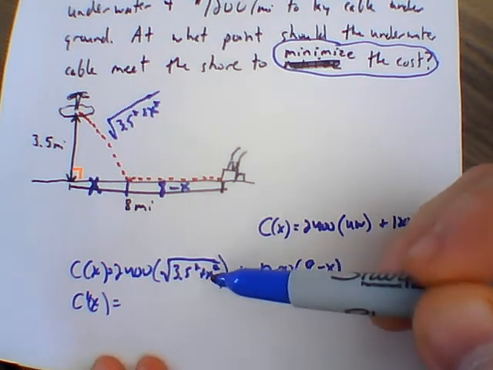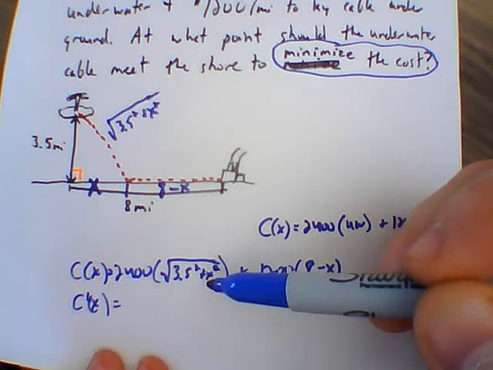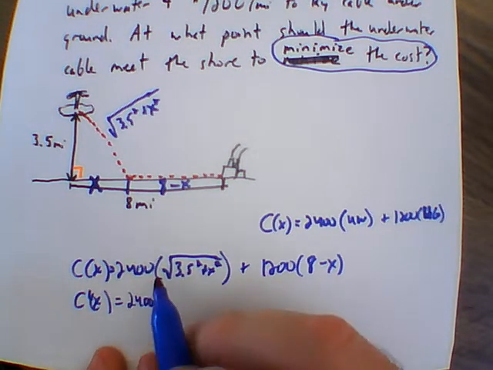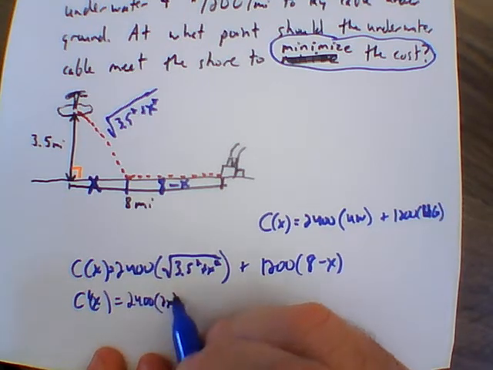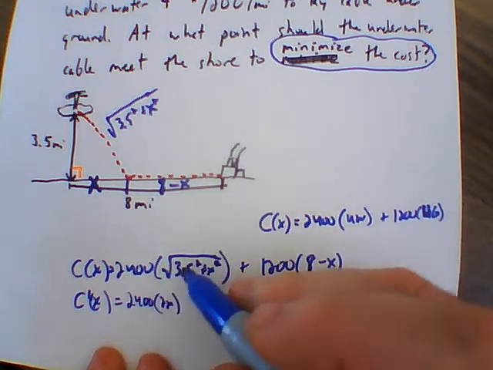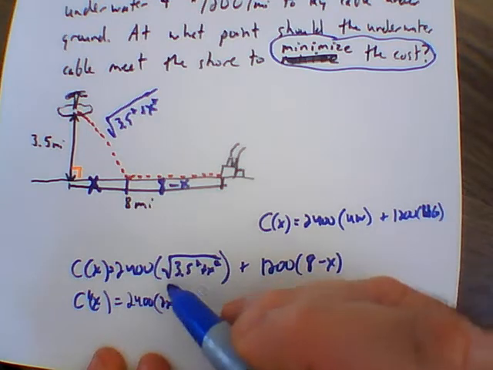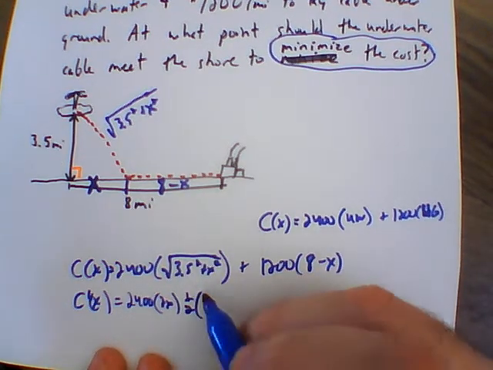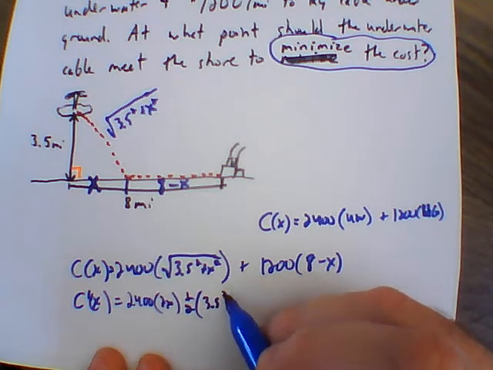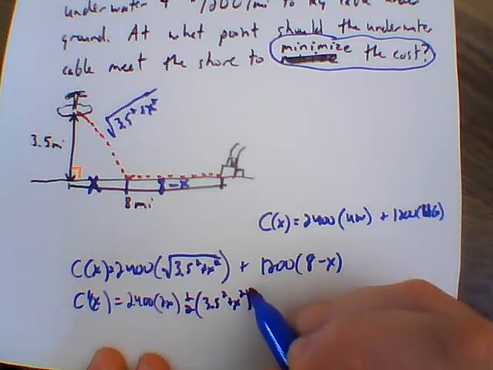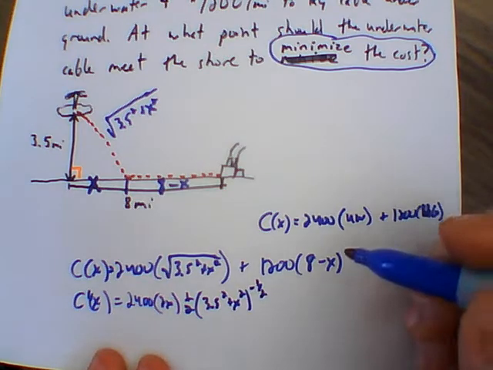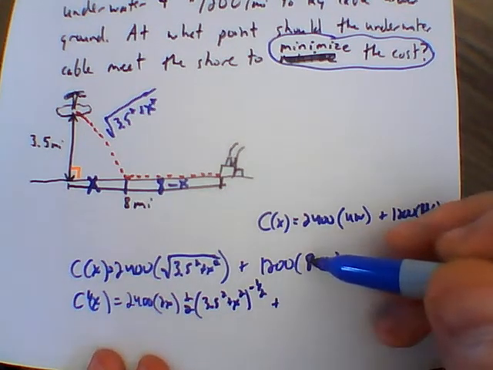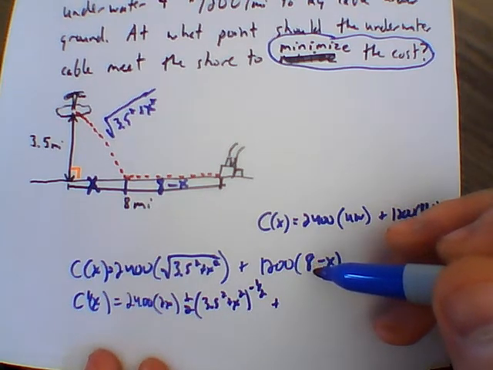So if we take the derivative of what's inside, when we write that, we see that we would have 2,400 times 2x times the derivative of our overall function. So the square root function is going to be 1/2 times what's inside to the negative 1/2 power. Plus, if we look back here, this would be 1,200 times 8, so that would be 9,600.